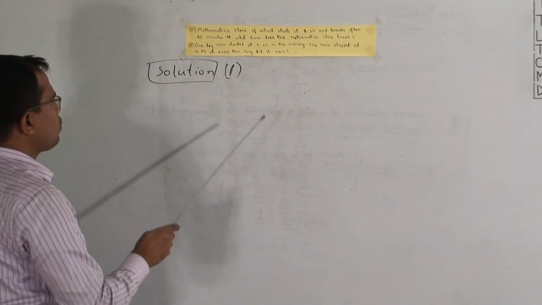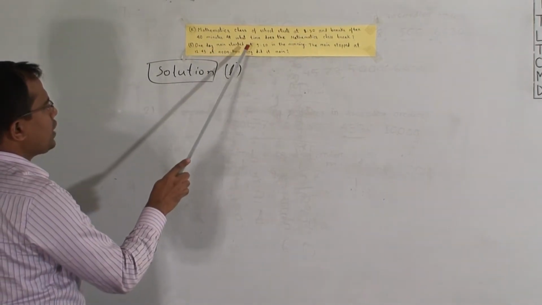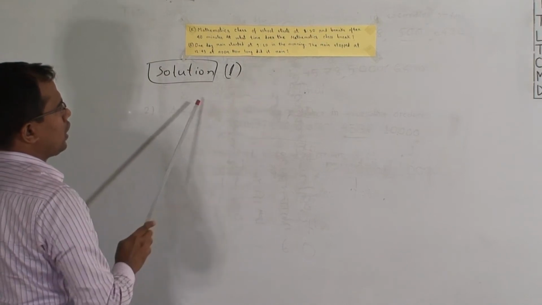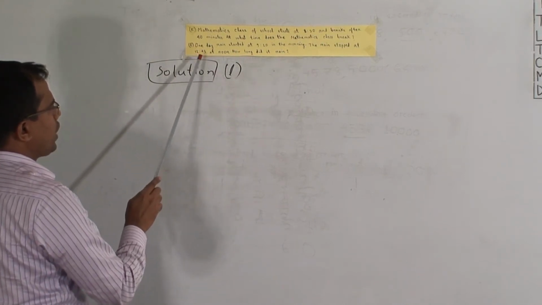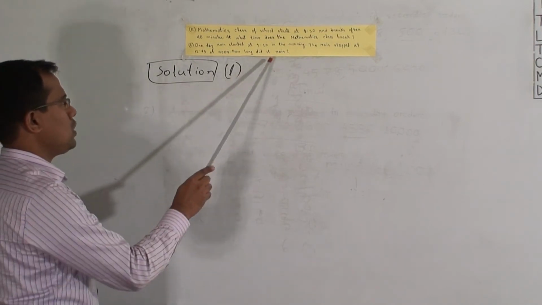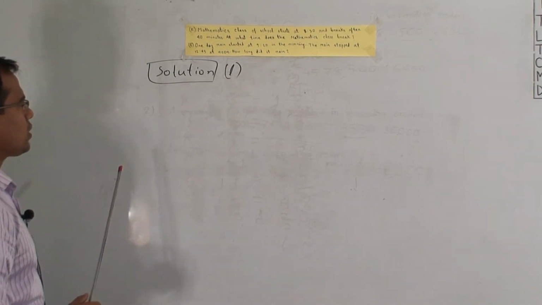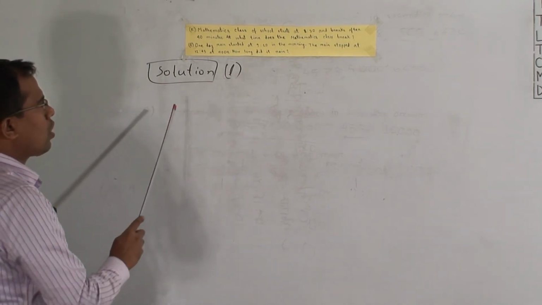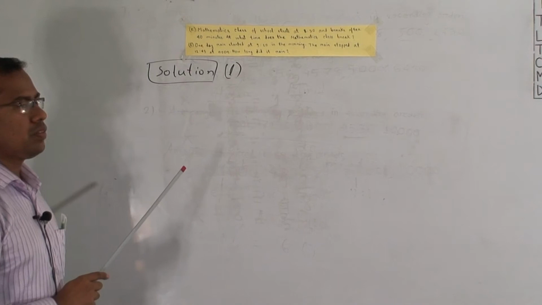Here the question is, one day rain started at 9:20 in the morning. The rain stopped at 12:45 at noon. How long did it rain? The rain started at 20 after 9 and it stopped at 45 after 12.